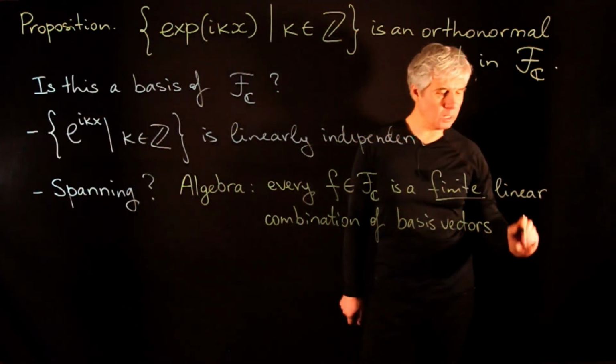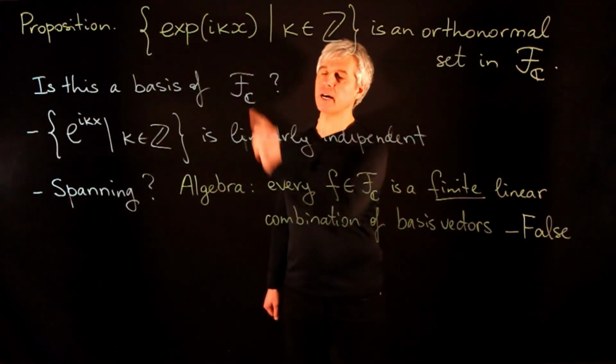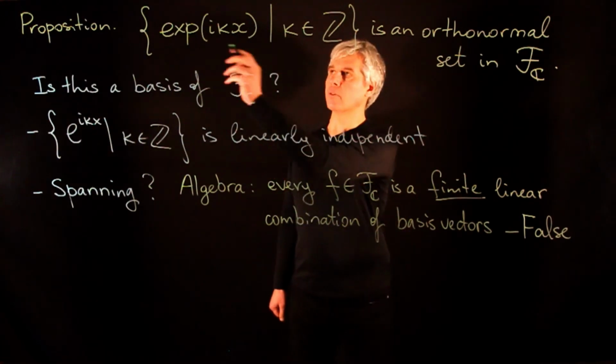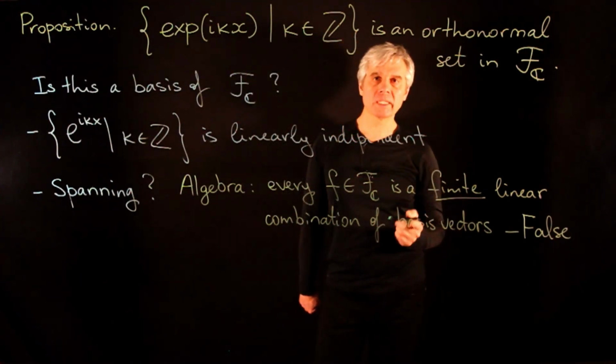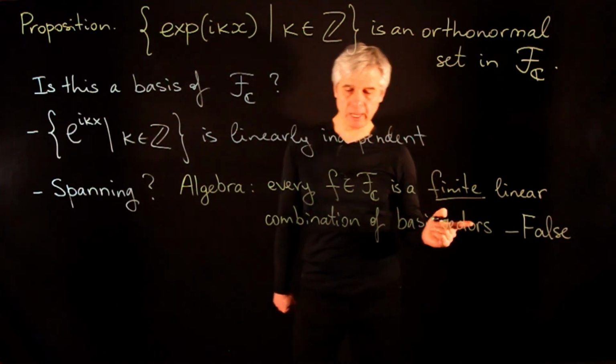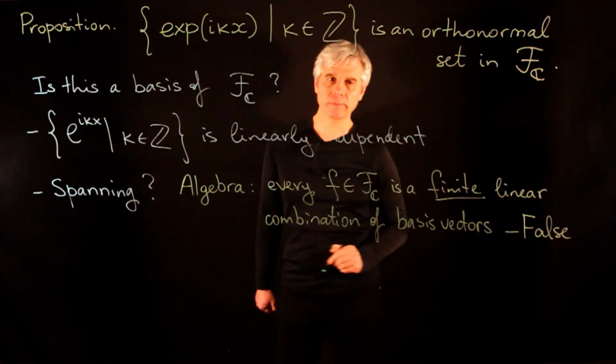And so here, this will be false. For example, any finite linear combination of exponential functions is going to be continuous. So no discontinuous 2 pi periodic function can be written as a finite linear combination of these functions.